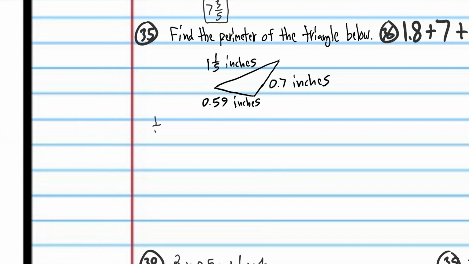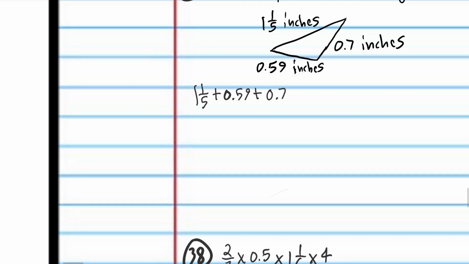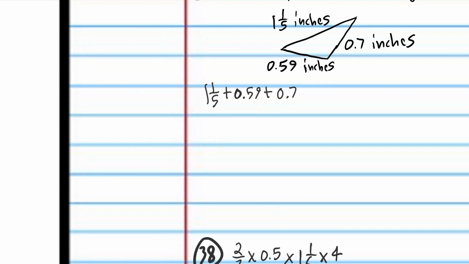So 1 1/5 plus 0.59 plus 0.7. But like I said, it's easier to change all these to decimals rather than change them all to fractions. So we only have one fraction form here. We're going to have to change 1/5 to a decimal.